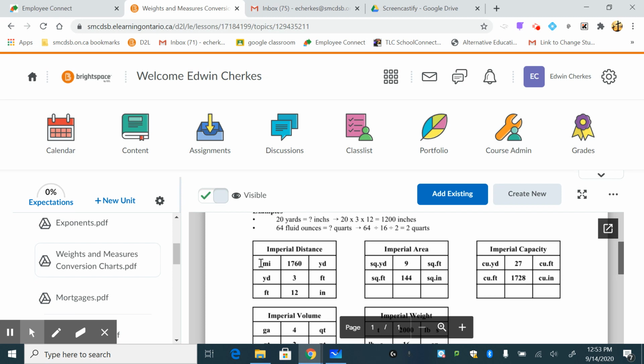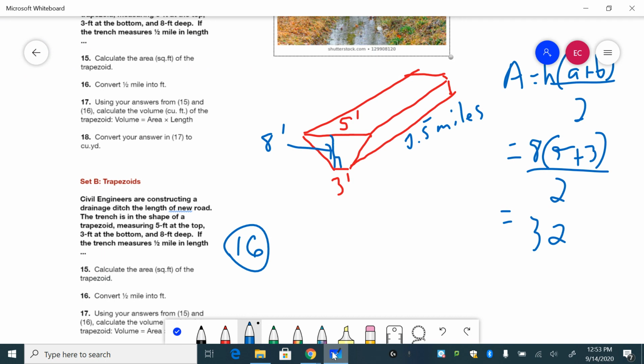So you have to do the conversion twice. You're going to go miles to yards and then yards to feet. So 1760, and then I got to use 3. So 0.5 miles, and I travel to the right. So times 1760, we'll convert it to yards. So 1760 times 0.5. So that's 880, but that's in yards.